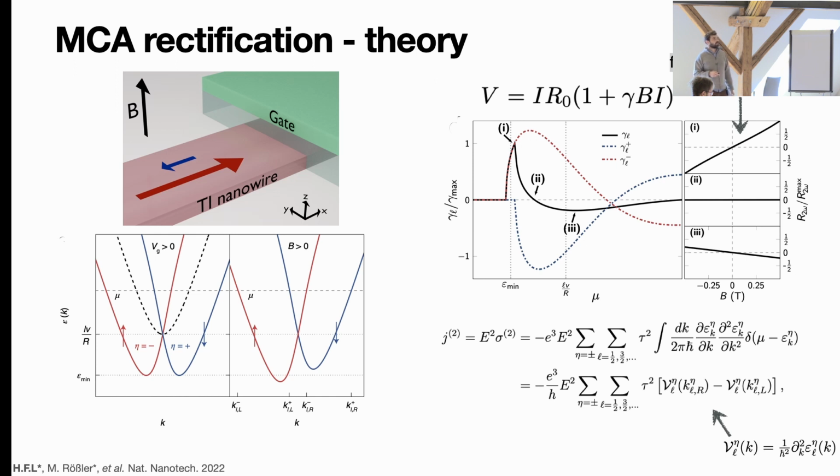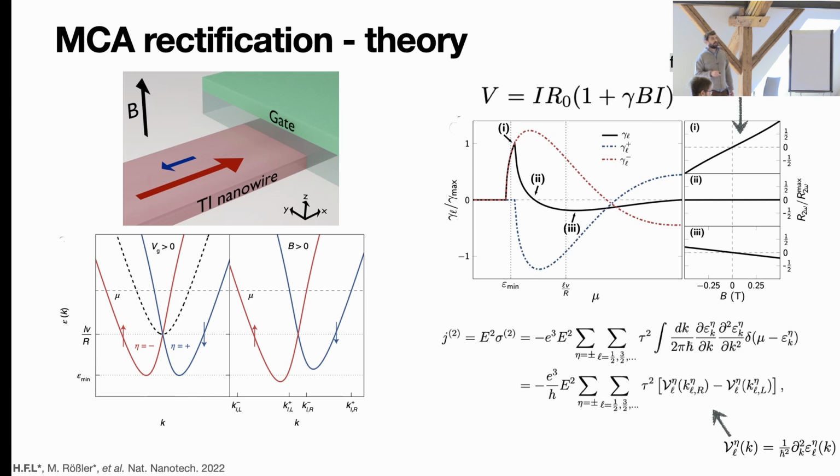So the theory prediction, just using this simple Boltzmann equation approach, was that I should get a peak as I tune my chemical potential by applying a small gate voltage, close to the bottom of one of these subbands. Then as I further tune it, when I hit this second subband, so these are the different colors here, I get another contribution which starts to cancel the contribution from the first subband.